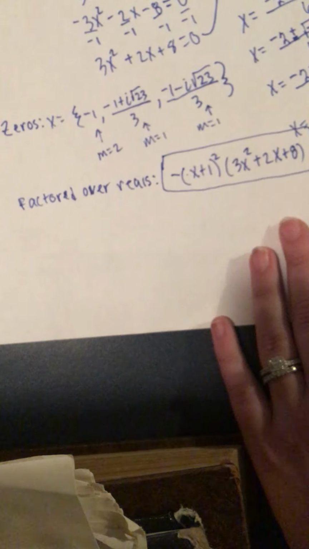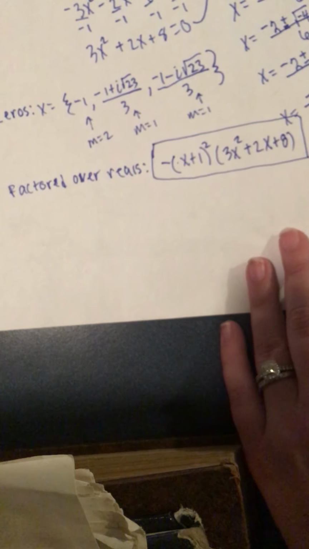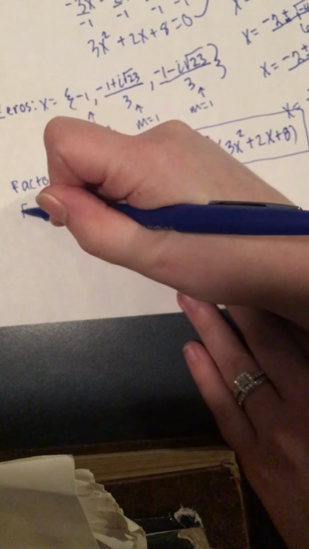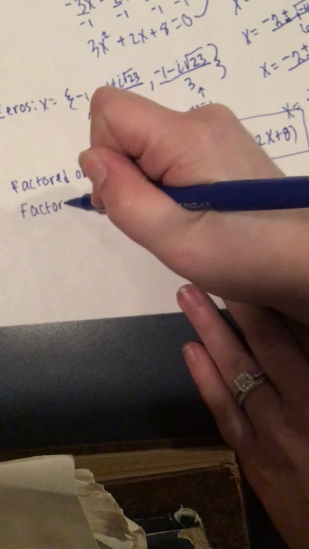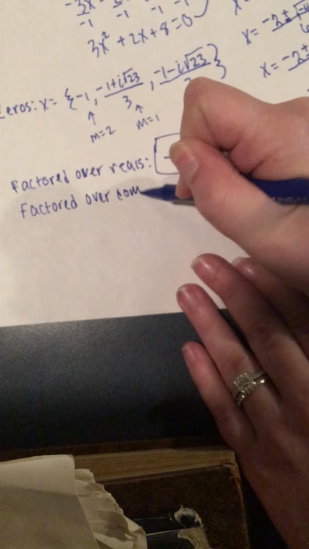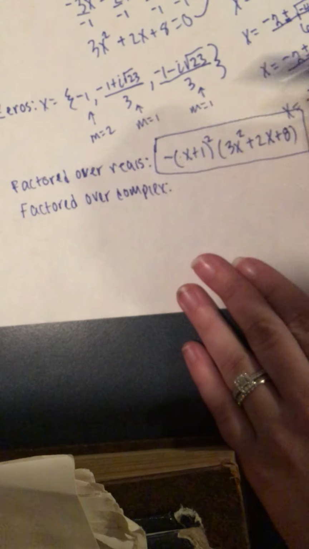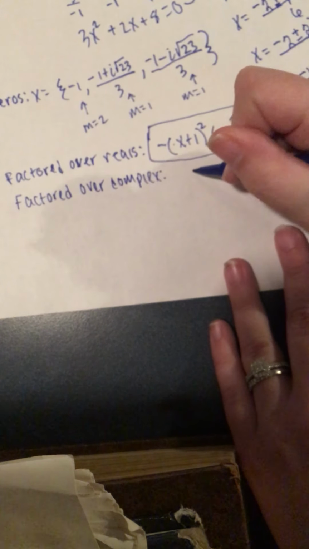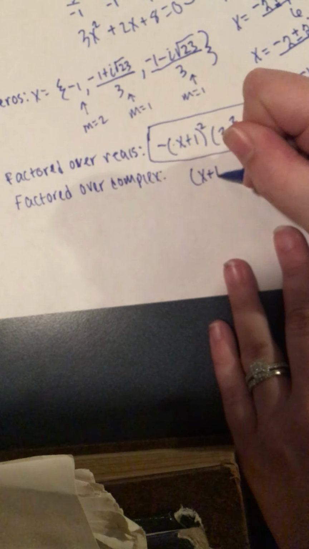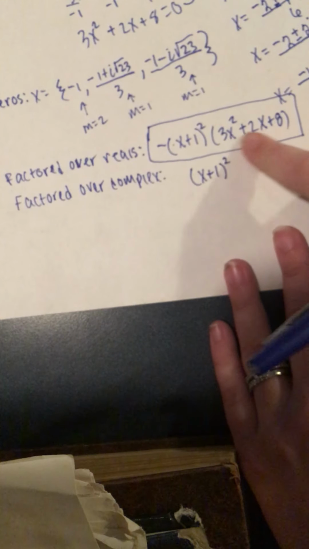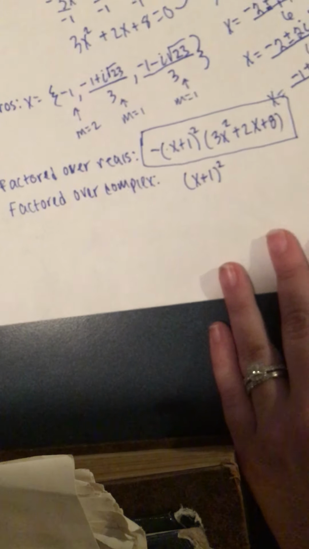And now if we want to factor over the complex numbers, we would build factors. So we'd still have a factor x plus 1 squared, but now we're going to build factors for what we got from the quadratic formula.